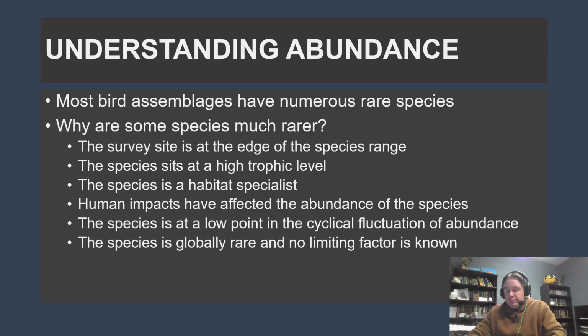Another possibility is the species sits at a high trophic level. So what this means is it's a predator, perhaps a significant predator like our red-tailed hawk, for example. You could not expect there to be as many red-tailed hawks as song sparrows in the same space. If you sit at a higher trophic level, it is simply impossible for you to exist at the same density as the things that you eat, for example.